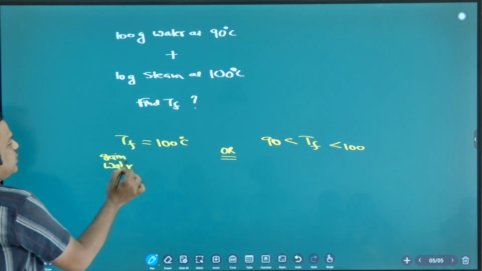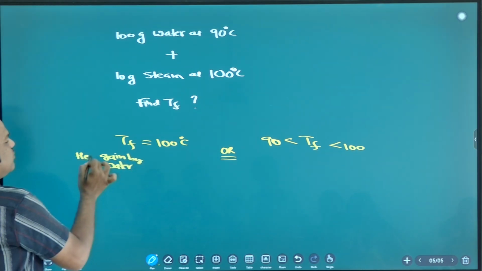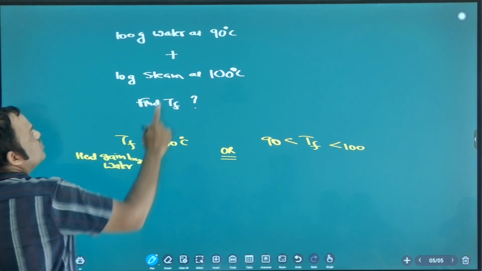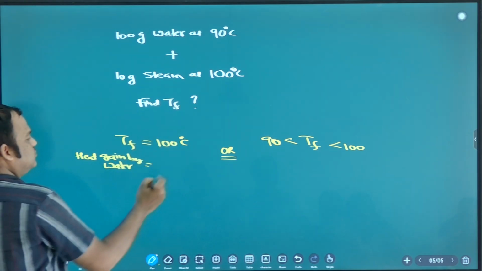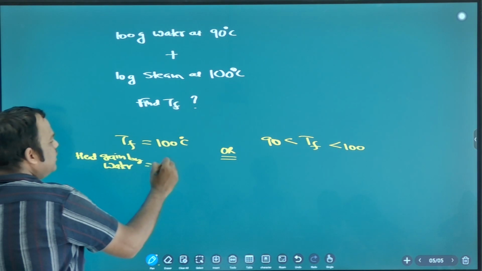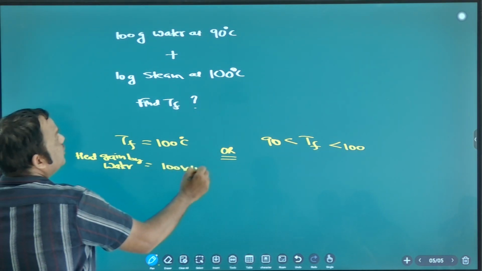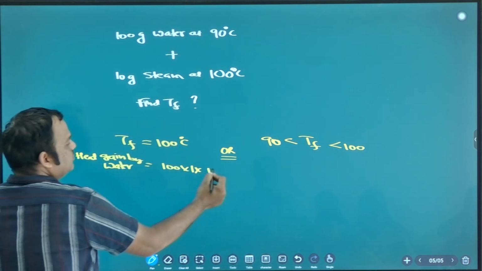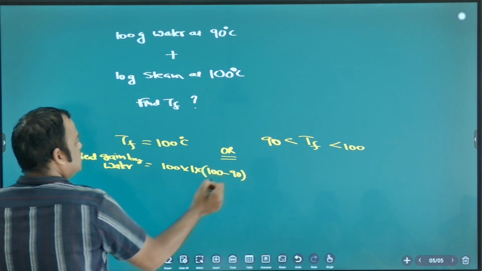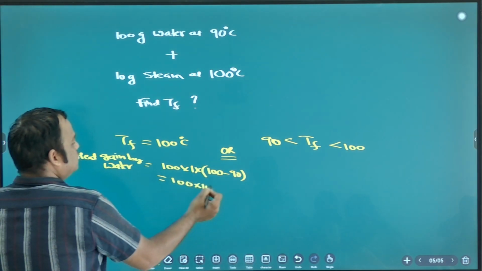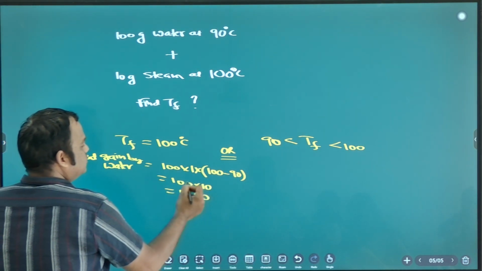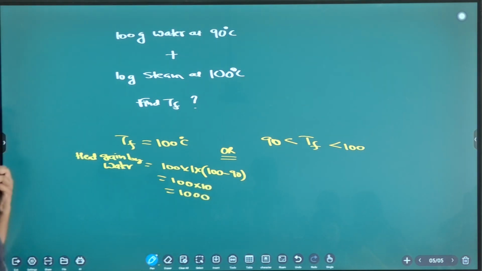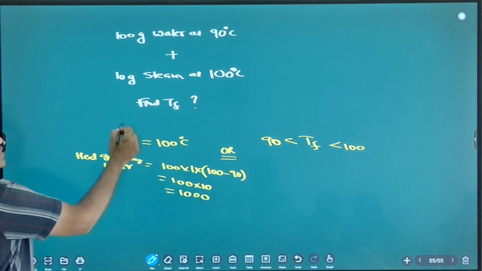What is the heat gained by water? It is going from 90 to 100. So ms delta T, 100 into 1 into 100 minus 90, so 100 into 10.